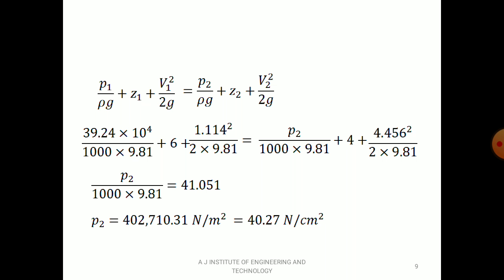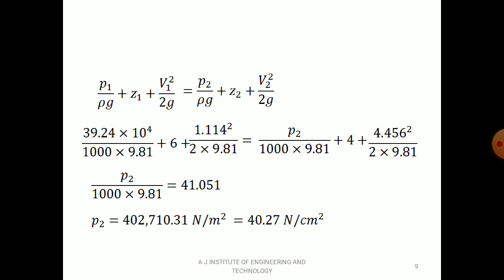So P2 equal to 402,710.31 Newton per meter square. If you want, you can keep the answer here, otherwise you can get it in Newton per centimeter square. As P1 is given in Newton per centimeter square, just divide the value you are getting, which is in Newton per meter square, by 10 to the power 4.